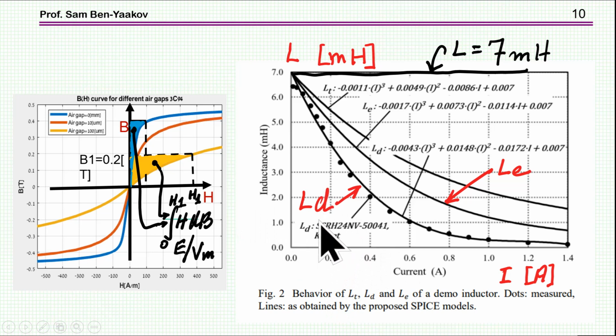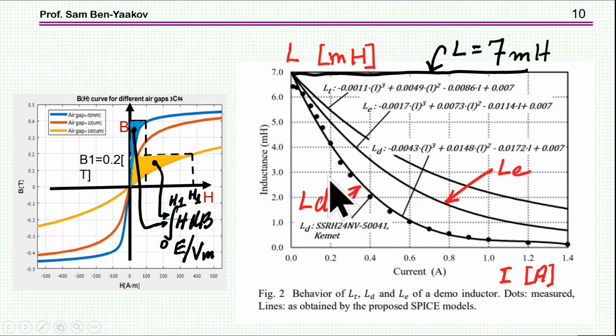So here is a demonstration of the behavior of the different inductances that we talked about: the differential inductance and the energy-related inductance. The differential inductance is the local derivative, while the energy-related inductance has to be calculated in a more complex way, depending on this area, and from that we can get the energy-related inductance.